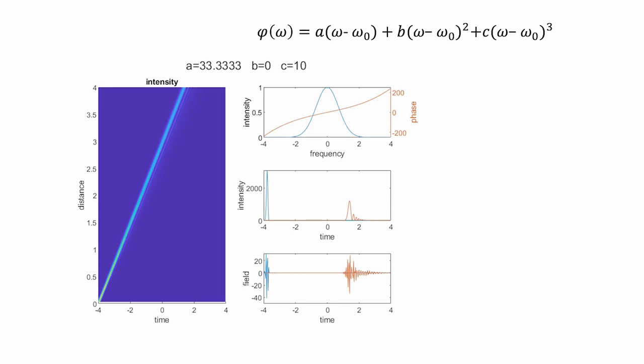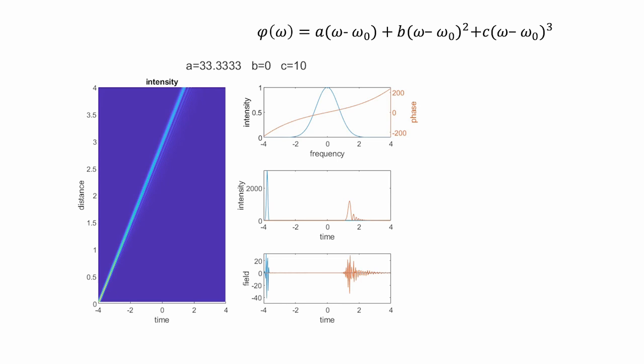So now what happens with the third order term? You can see here a third order term. I set the second order term to 0, so you can see the effect of only the third order term. You can see the phase as a function of frequency in the graph has an inflection point. And you can see down there that the intensity has a distortion after propagation.